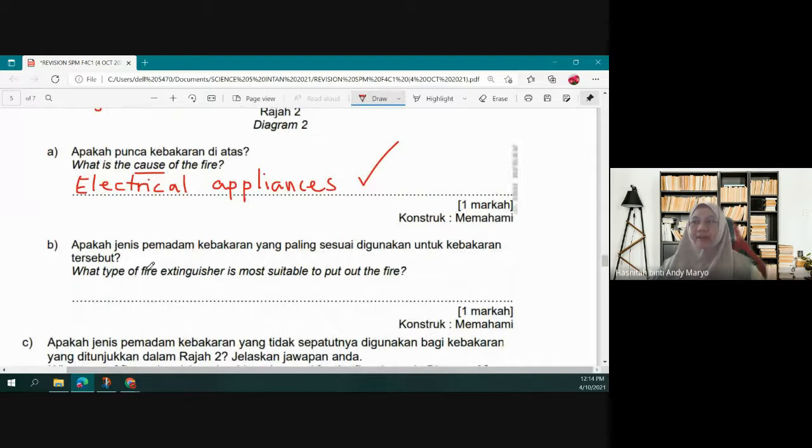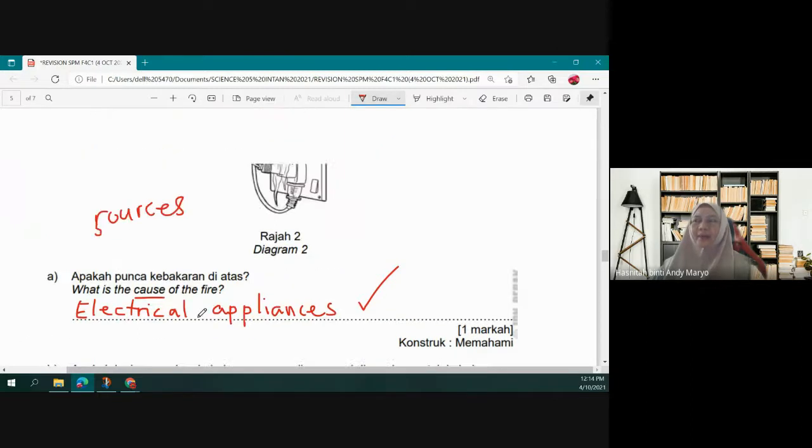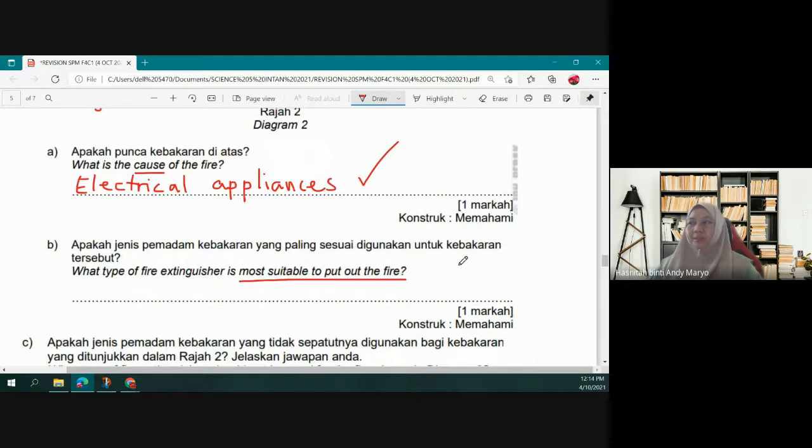What type of fire extinguisher is most suitable to put out the fire? Okay, apa peralatan yang senang kita nak guna, yang sesuai kita nak guna? Either water, remember you have 4 types. We have water, and we have foam, and then we have carbon dioxide, CO2, and then we have dry powder.